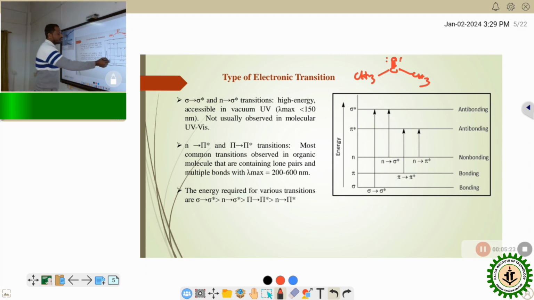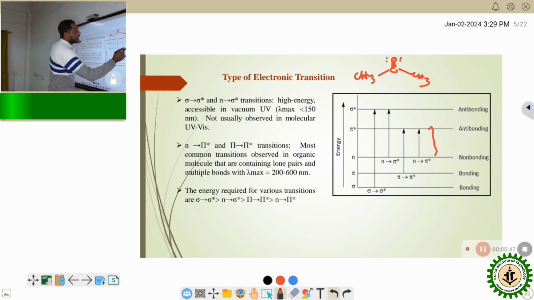Higher energy is required for the sigma to sigma star transition and the n to sigma star transition, so they are basically not observed in the UV visible region. The n to pi star and pi to pi star transitions are the most common transitions observed in organic molecules, and they require less energy.